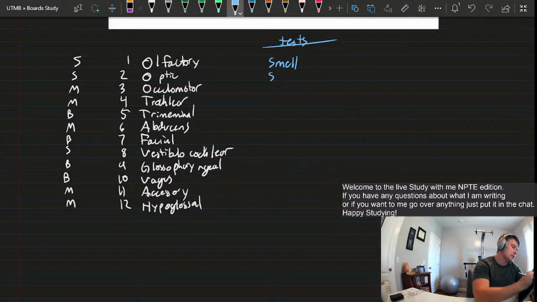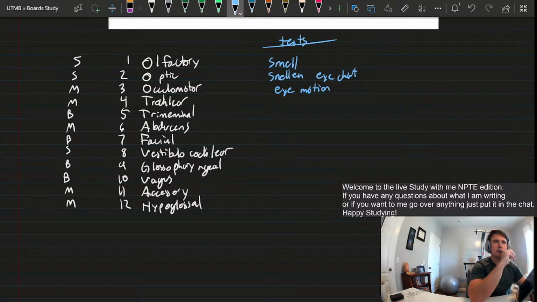And then this is Snellen eye chart. This is, of course, this direction, that direction on the eyes. So 4, of course, is eye motion.